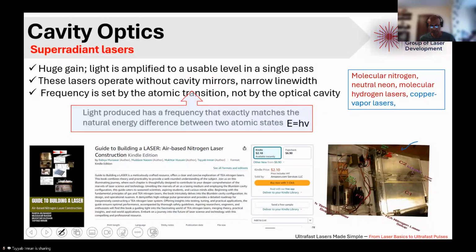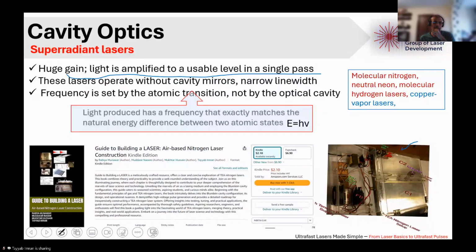So, first point here, these kinds of lasers, superradiant lasers, have a huge gain, and light is amplified to a certain level even in a single pass. These lasers are not supposed to be discussed here, but anyway, I'm telling you a little bit.